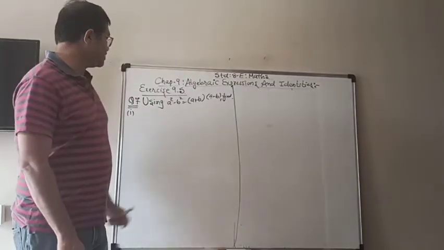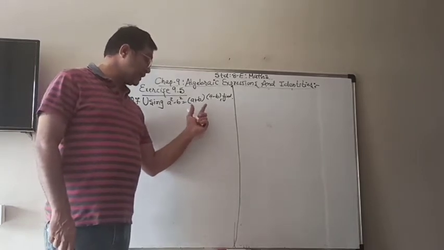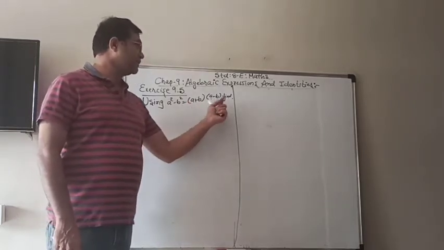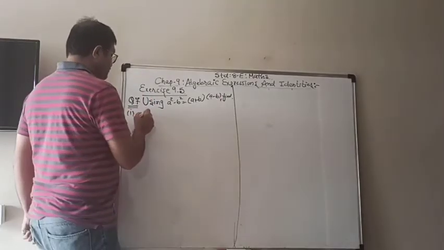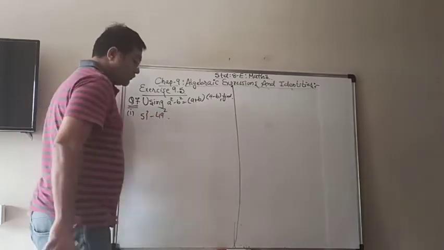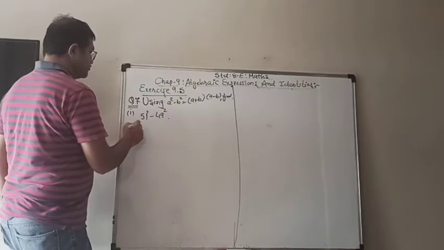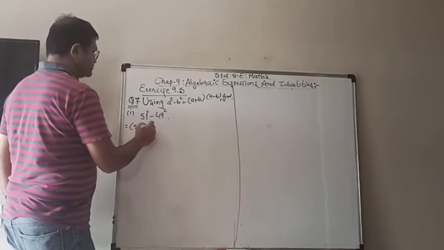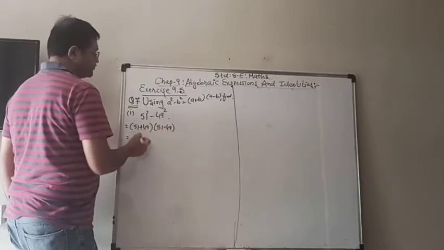Now 7th question. Using a square minus b square equals a plus b, second bracket a minus b, we have to find 51 square minus 49 square. So it is a square minus b square. So 51 plus 49, second bracket 51 minus 49.